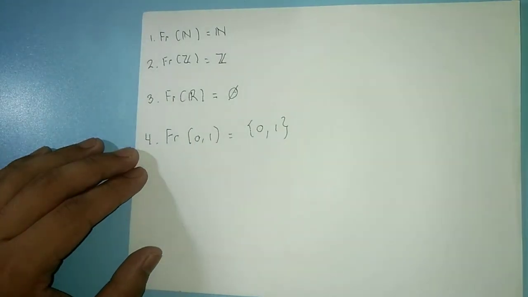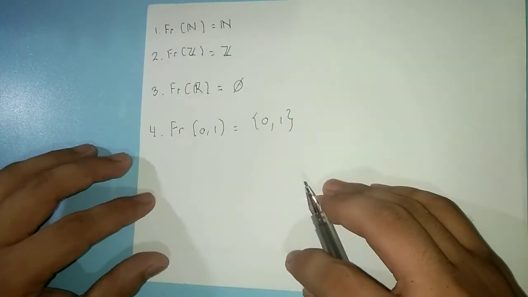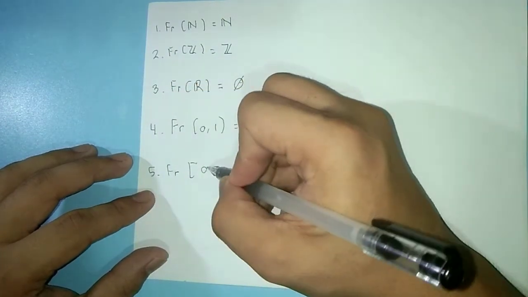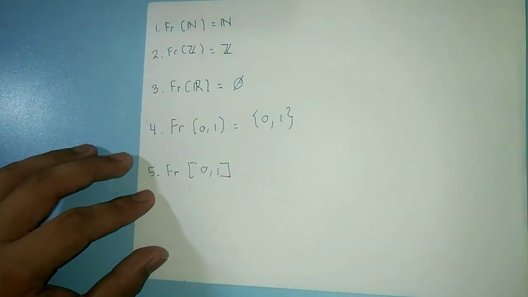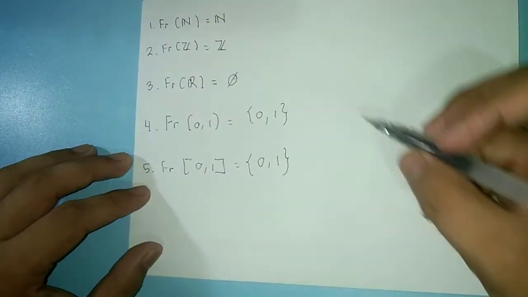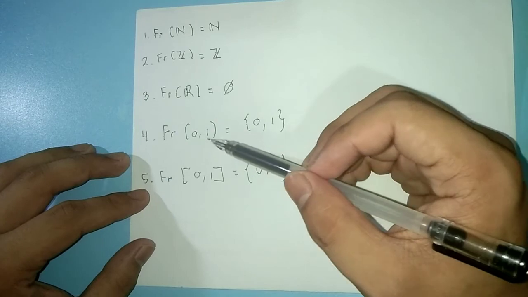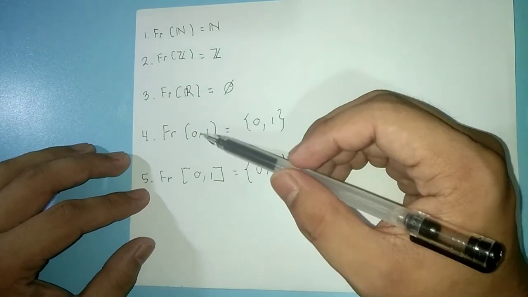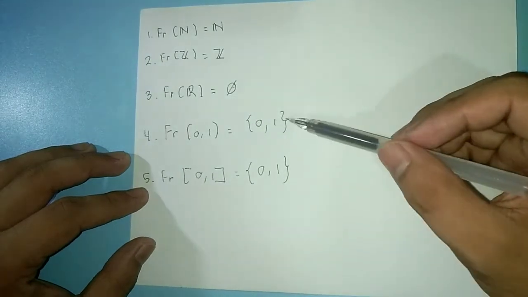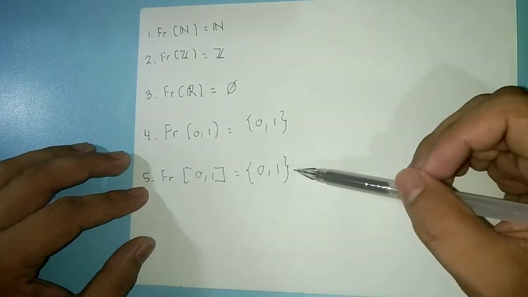Kasi hindi yan interior, hindi rin exterior. Okay? So, same reason para naman dito sa closed and bounded 0, 1. That is the set containing 0 and 1. Pero, may pagkakaiba dito sa open interval 0, 1 tsaka sa closed and bounded interval 0, 1 dito sa dalawang to. Ano yung pagkakaiba nila?